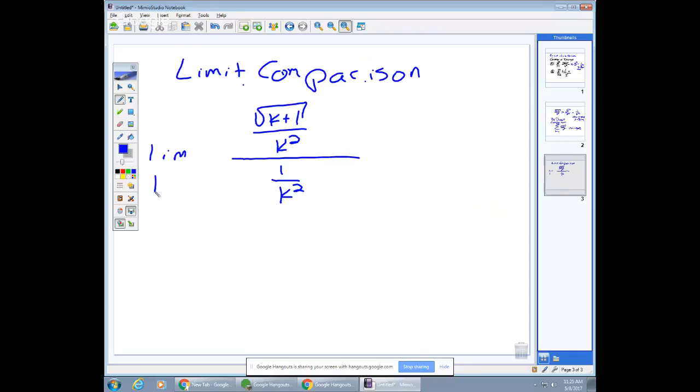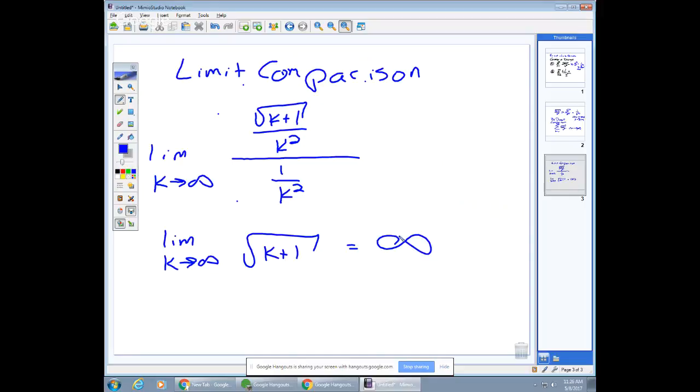Limit as k goes to infinity of this. So the sum is out of the picture. I just have the ratio of a series that's unknown with a series that's known. Cleaning that up, then I get the limit as k goes to infinity of what? The k squareds divide out, and I get the square root of k plus 1, which is infinite.